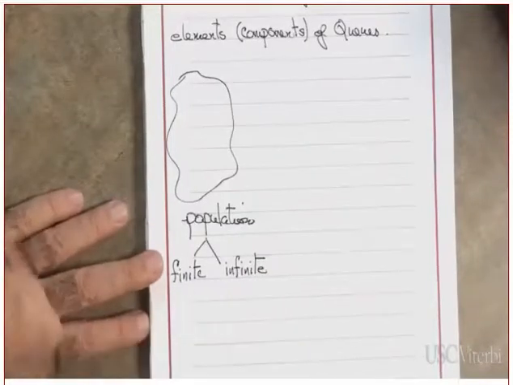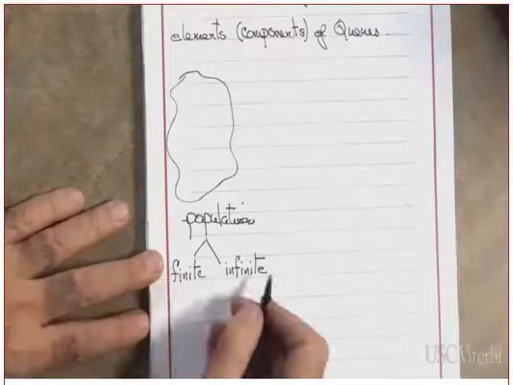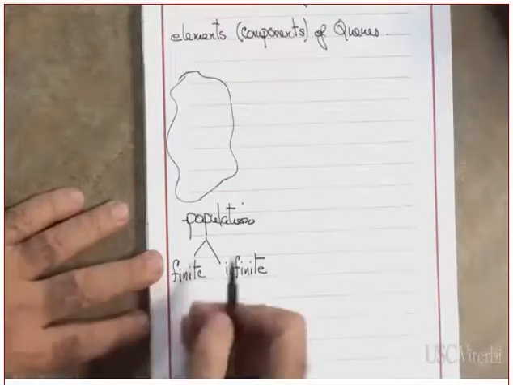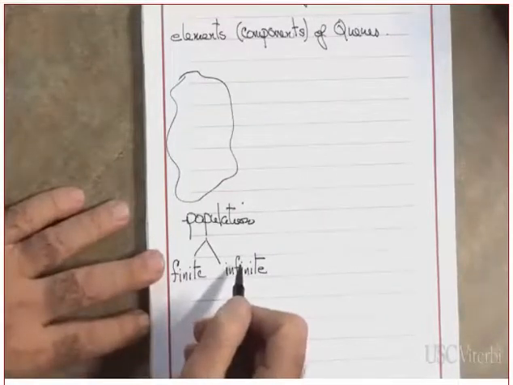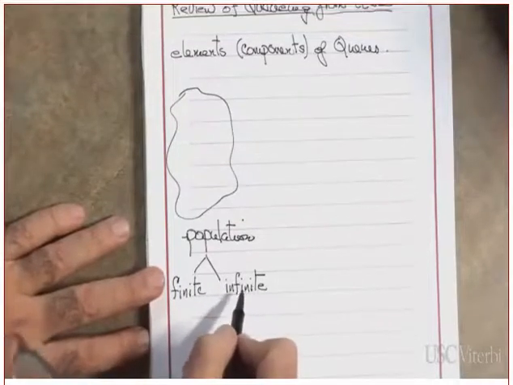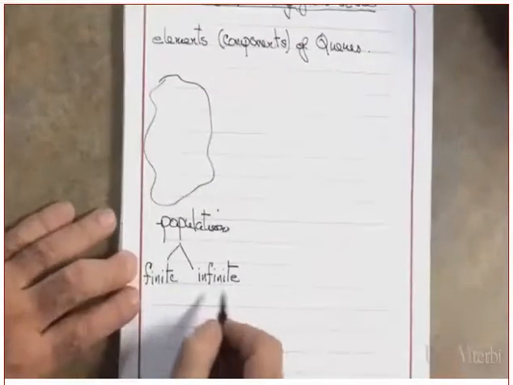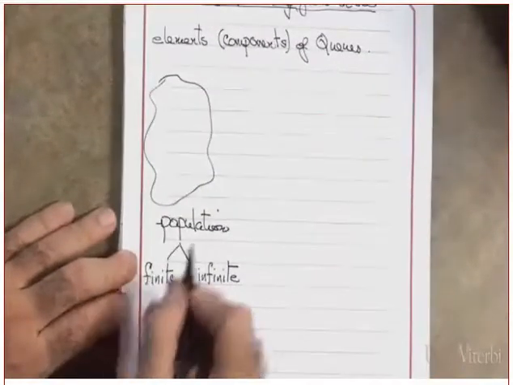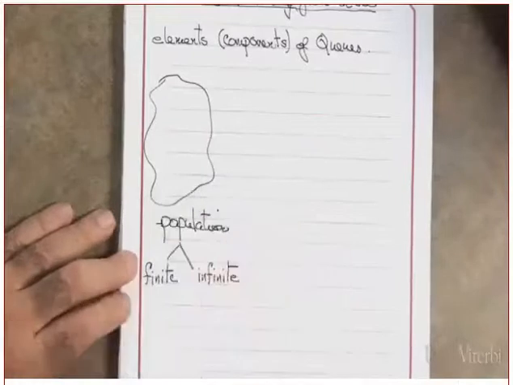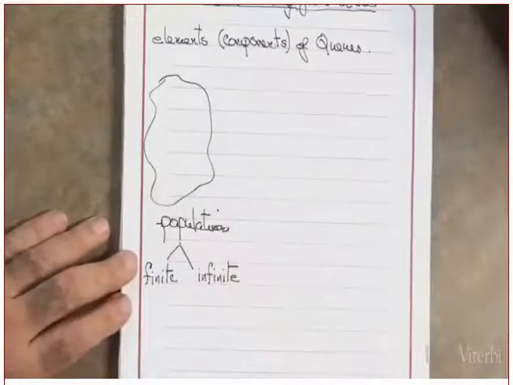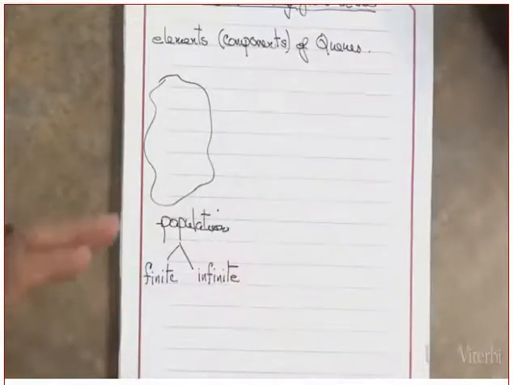Which one do you think is easier to model? Finite or infinite? Actually, infinite population is easier to model. Why? Can you tell me why? If it is finite, then the arrival rate will depend on how many packets are there in the system.